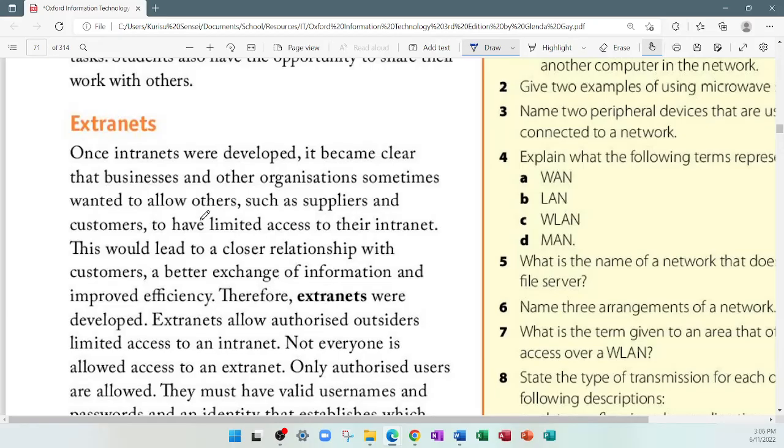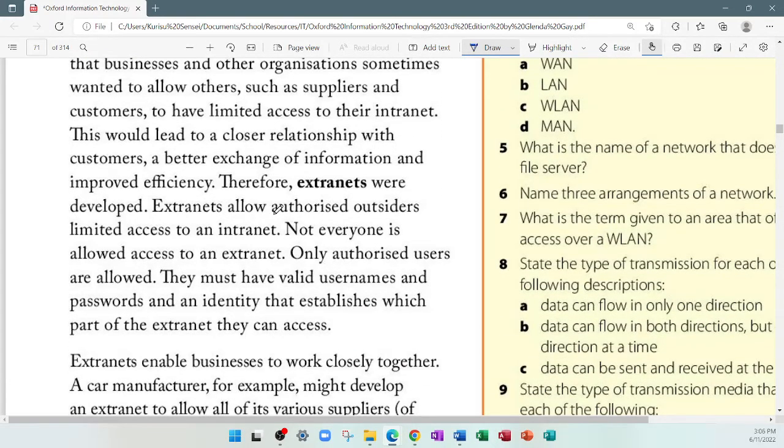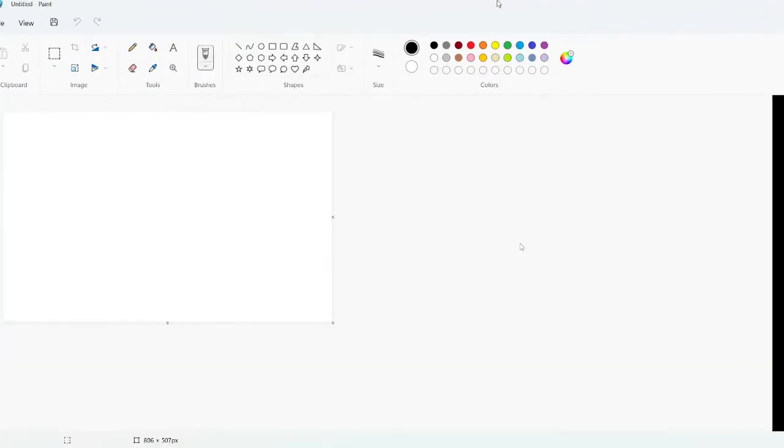Now, what is the extranet? The intranet is a private network. Now, what if you want someone external? So, I like to use this diagram when I'm explaining this here.